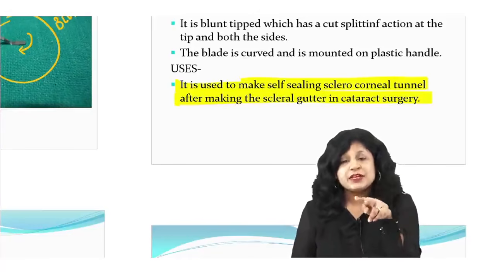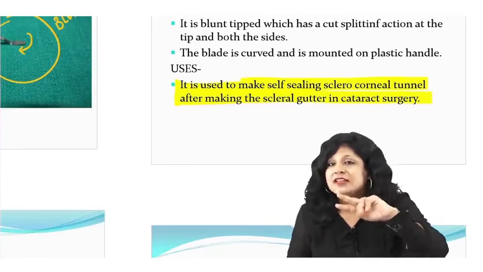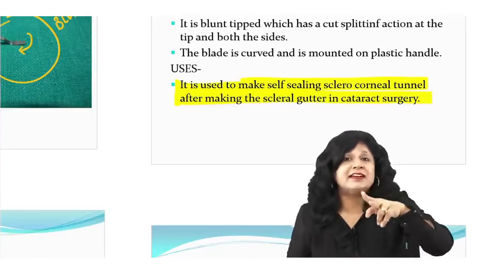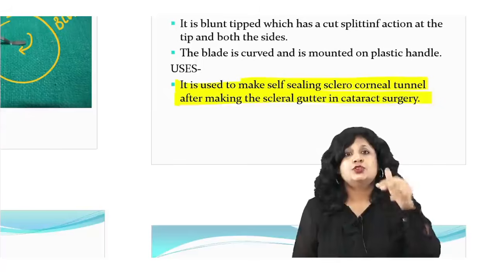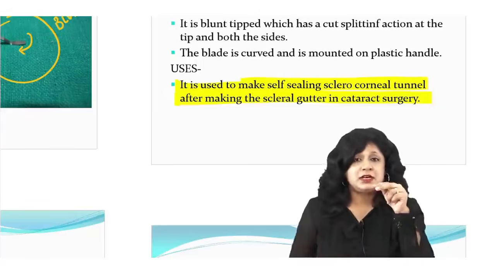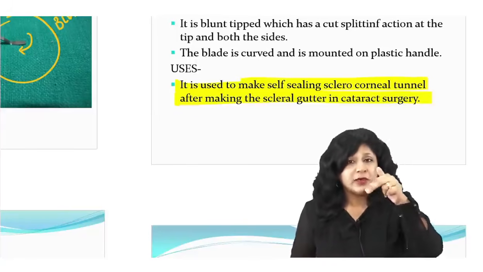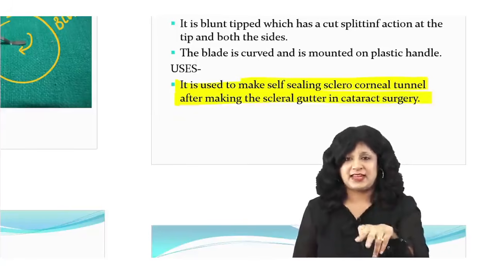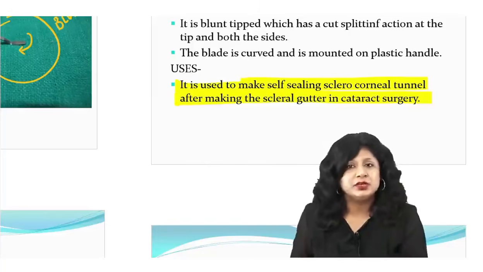See, I told you that we don't have the facility of finger dissection there, blunt dissection. So we have a lot of blunt instruments in ophthalmology, so that after giving the incision, we can make an AC entry by a smoother pathway.